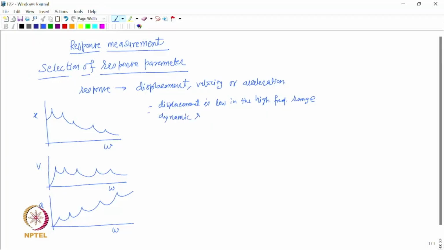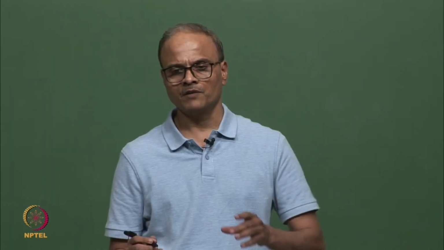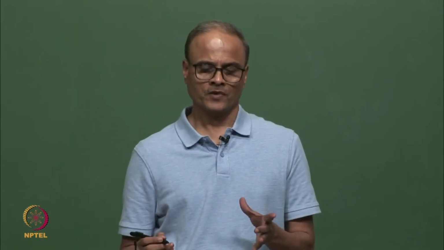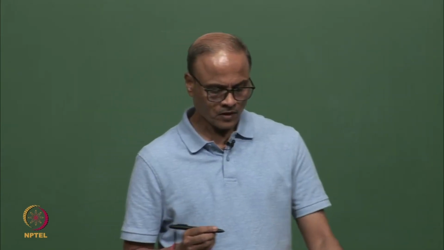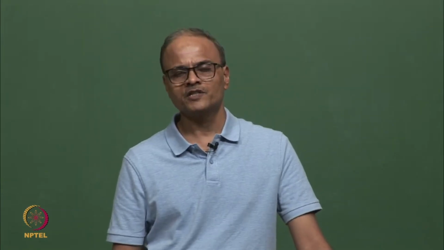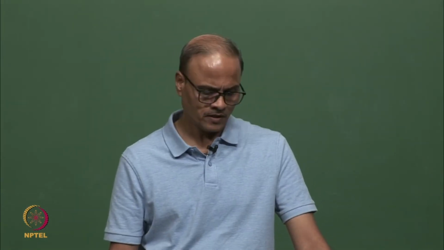Which basically means that the measurement system that we use to measure displacement should have equal or more dynamic range. So measuring displacement would require a higher dynamic range. These are the two reasons which go against using displacement as a parameter of response measurement, right.